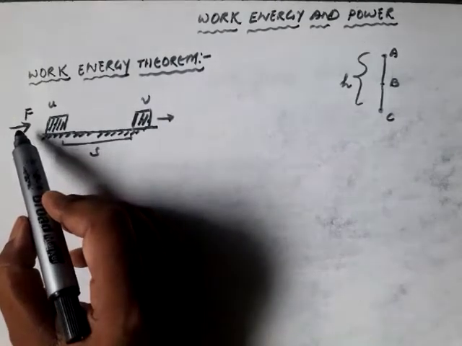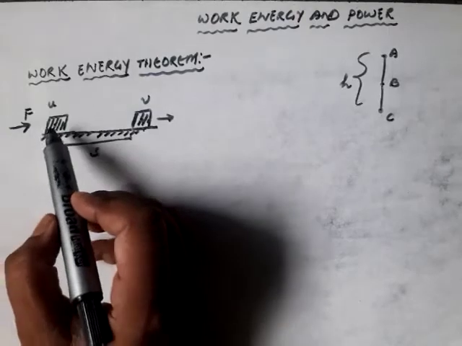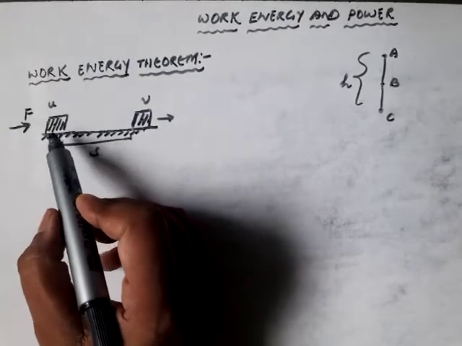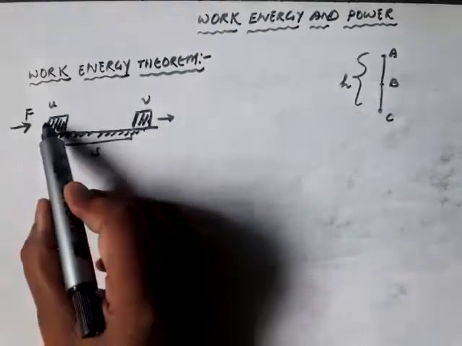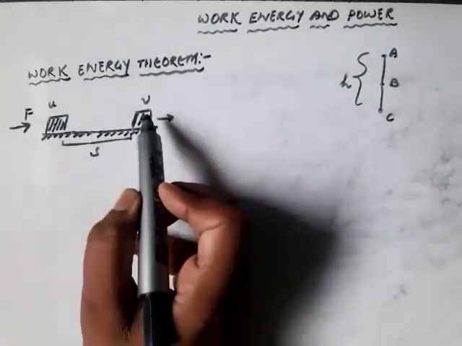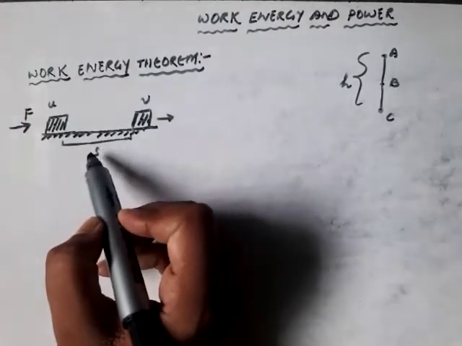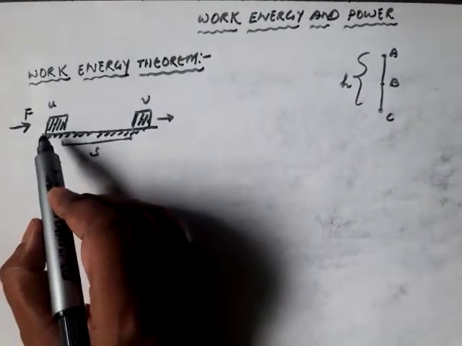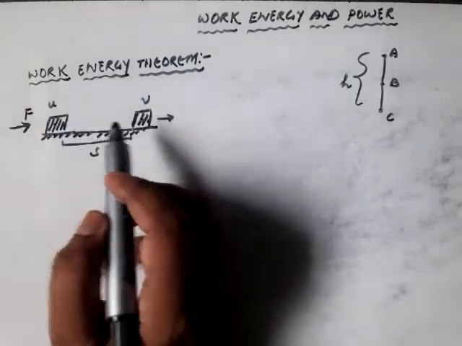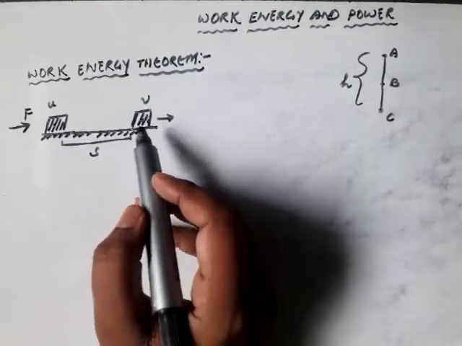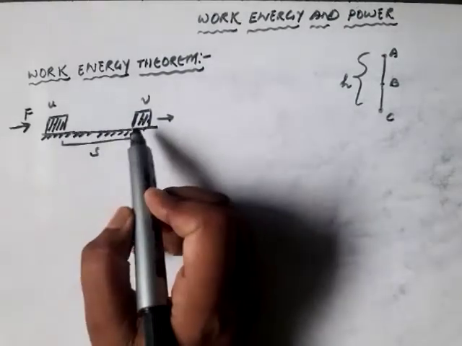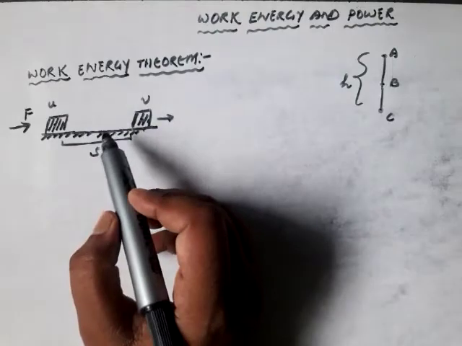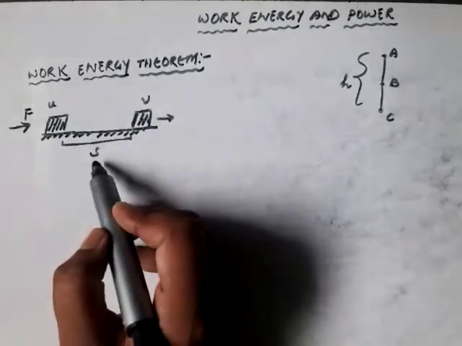But whenever we apply a force on this body, it will displace from one position to another position, and its velocity also increases from u to v, and it also covers a distance of s. So obviously, when we apply a force, the body displaces from one position to another with some velocity, with the rate of change of velocity, with some acceleration also, and obviously it will cover distance s.